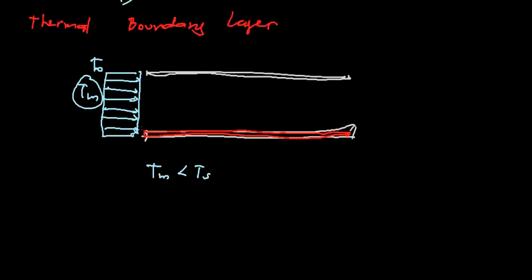As the fluid enters this pipe or this tube at a uniform temperature, we can see a thermal boundary layer begins to develop from the circumference and merging at the center line at some distance. Okay, and this distance is called the thermal entrance region.